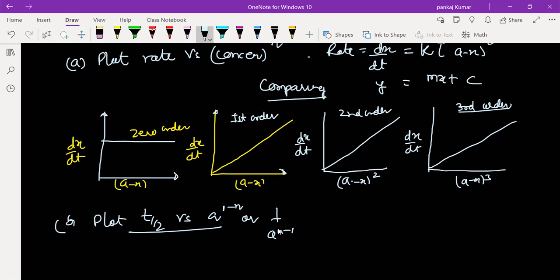Have you copied this one? Yes. Rate versus concentration.